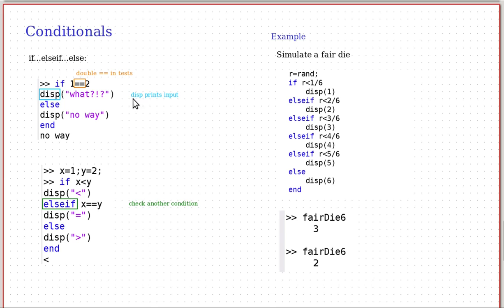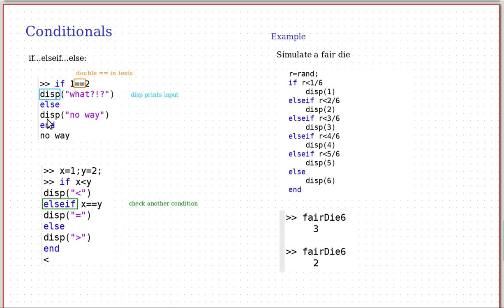By the way, the disp command in MATLAB is just a way of printing a string to the workspace, right? So it'll just print the string into the workspace. There is a print command in MATLAB, but I think I recall it's used for printing graphs, right, or graphs of functions and things like that.